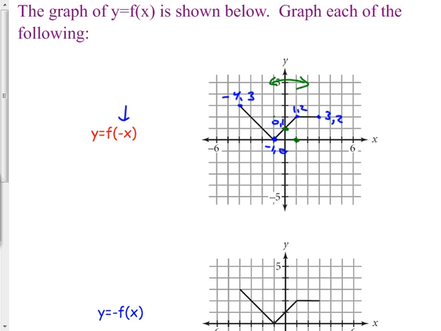This spot has to go to the opposite side of its line. I hope you see which one I was talking about. That one right there. Then this spot, the 3, 2, needs to go way over here to negative 3, 2.